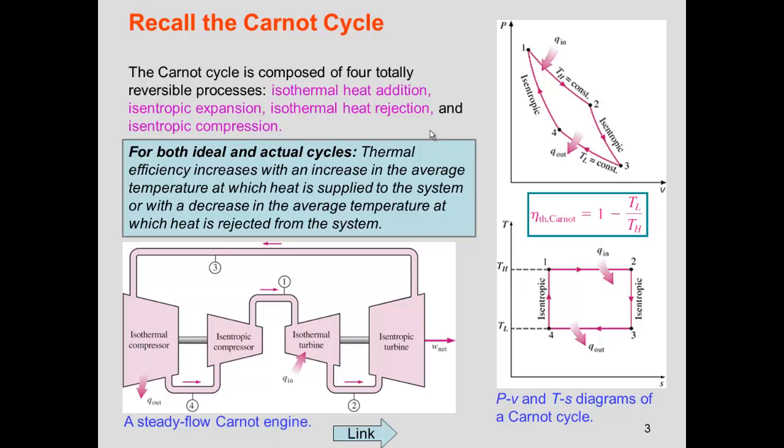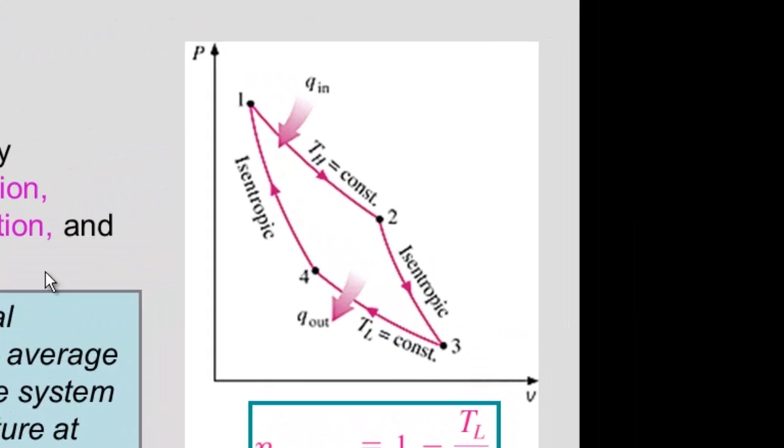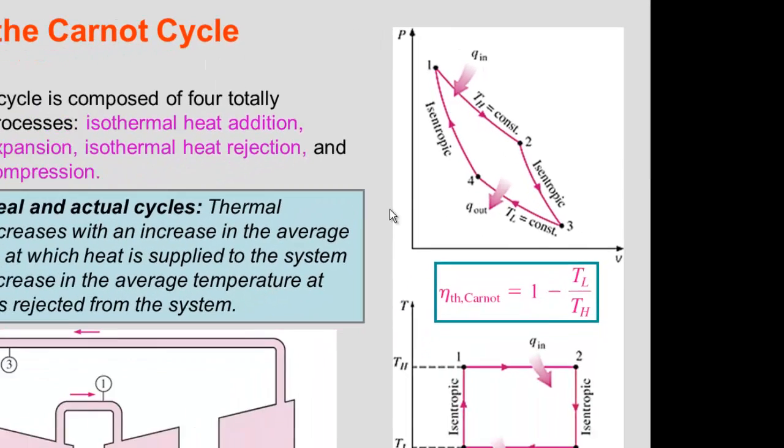It will create some work, and because of the second law we know that we cannot convert all that heat into work, so we need to reject something to the low-temperature reservoir. We can see here that this Q in is at a higher temperature, and this Q out rejects to a lower temperature. This T_H and T_L are the temperatures of the reservoirs.